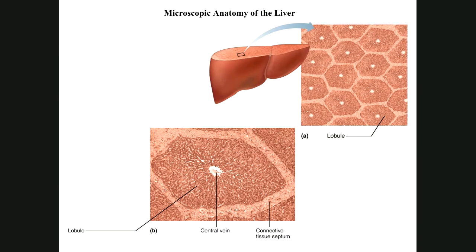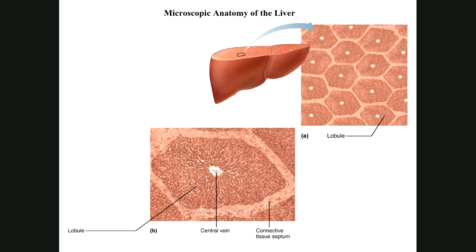And these little teeny cells that are inside of the lobule, we call those hepatocytes or liver cells. If you look at the form of those lobules, they are hexagonal, and they are the functional unit for the liver.